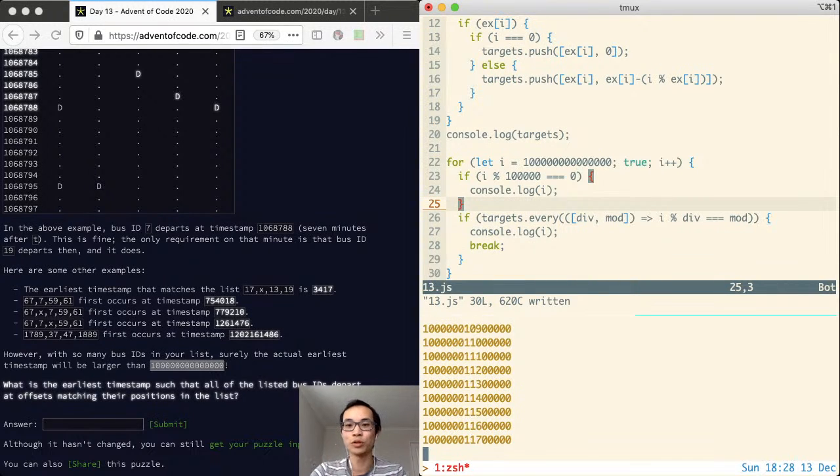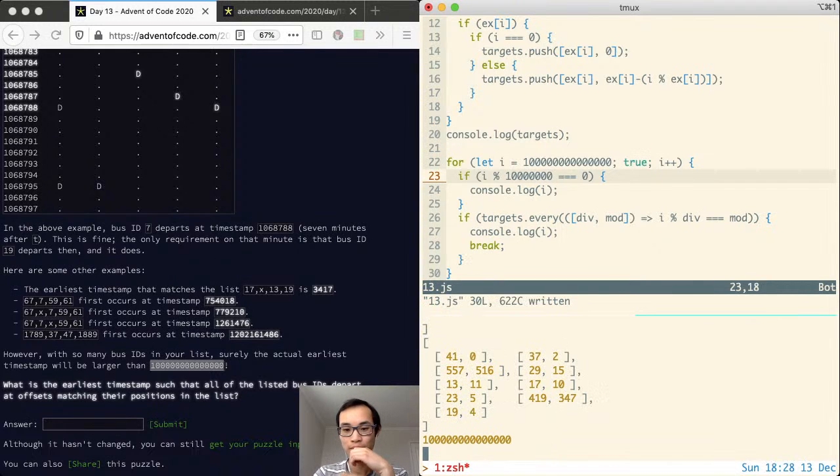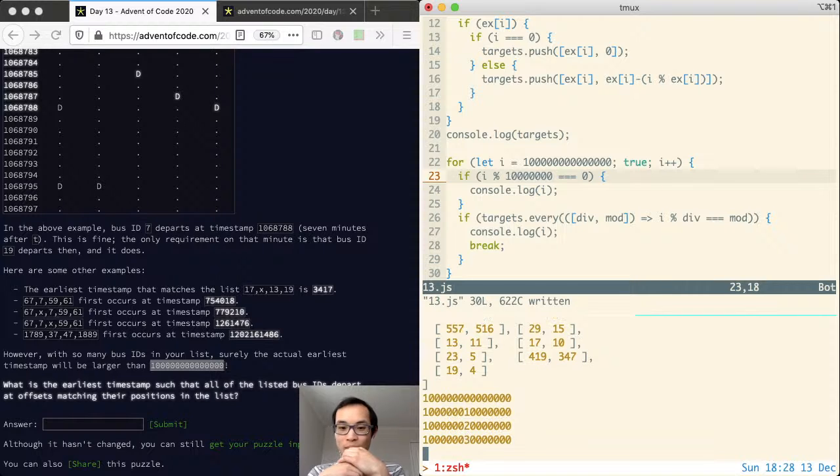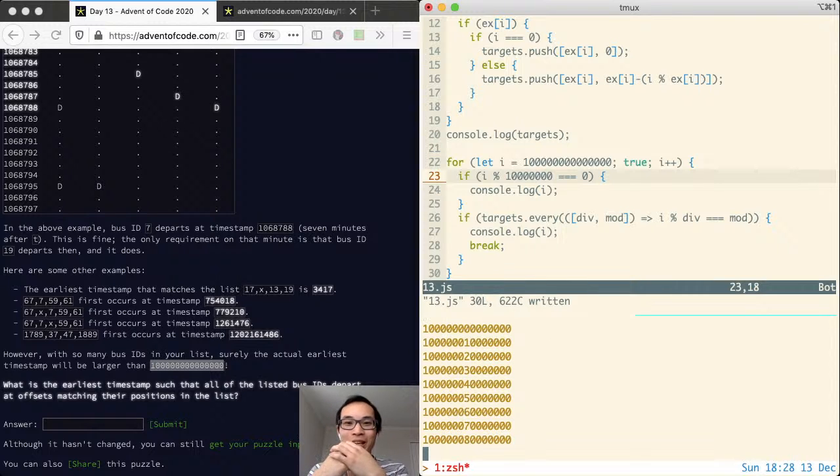So like, I mean, it can search pretty quick. Chuck an extra 2 zeros in here, but like, we're never gonna find it like this, right? If we brute force. There has to be a simple way to like multiply numbers together.